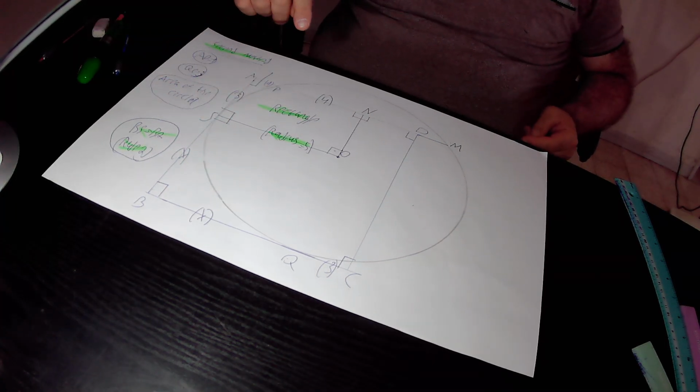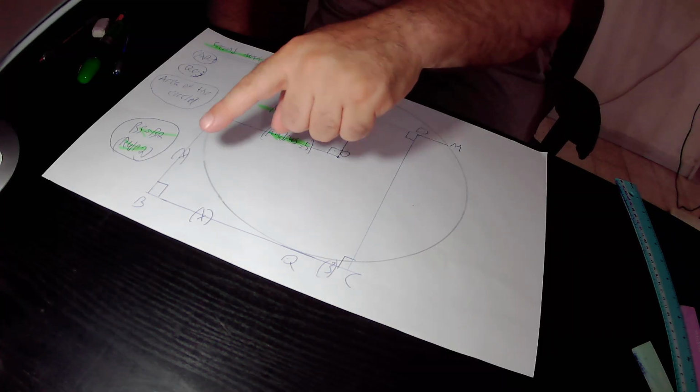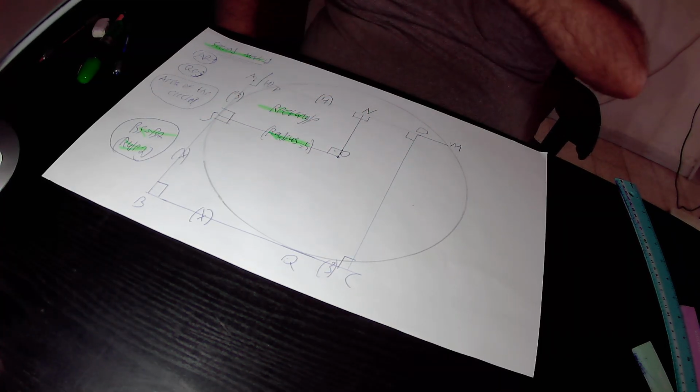In the next step, we define the center of this circle, this point is point O. We define the point of tangency of tangent AB with this circle, this point is point S.